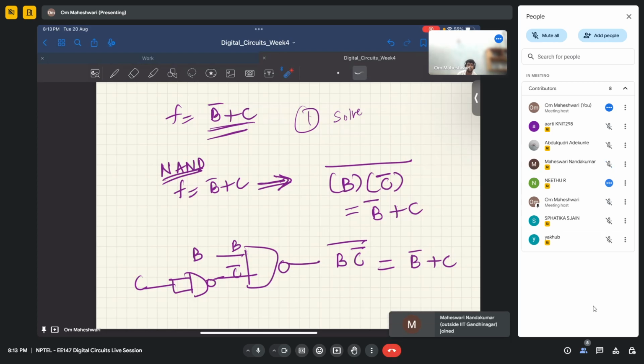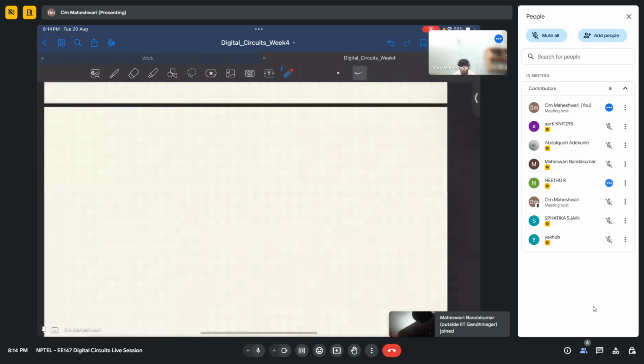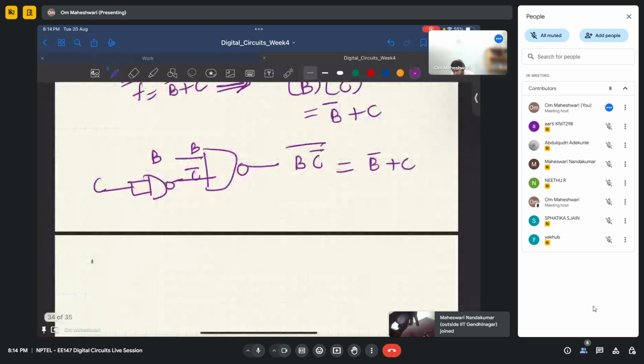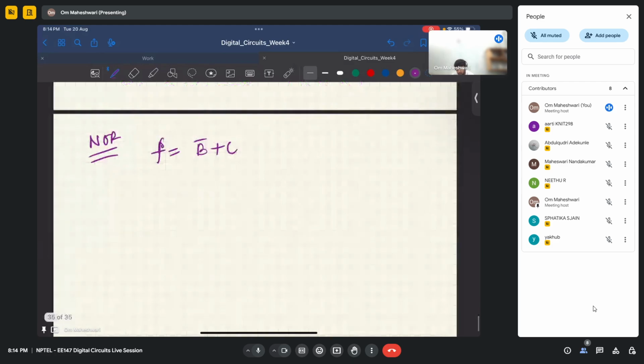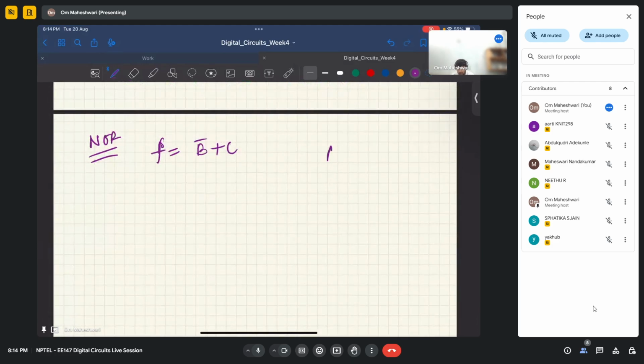Yes, sir. And for NOR gate, again you have F equals B bar plus C. Now what is the NOR implementation? Something plus something whole bar, right? So what can we have?